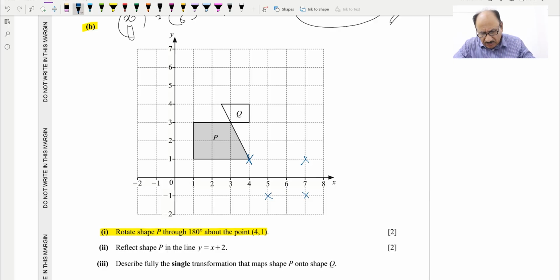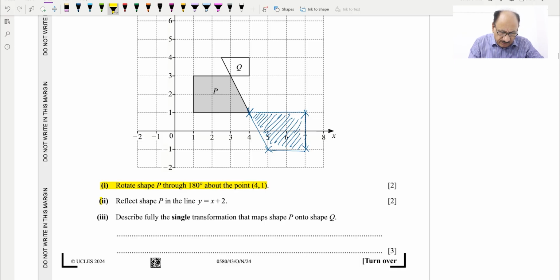And next we just need to draw the rotated, basically not translated, rotated drawing through 180 degree. And this one is the new drawing which we have drawn for you. I'm shading for your understanding, no need to shade in exam, and this will be your drawing.